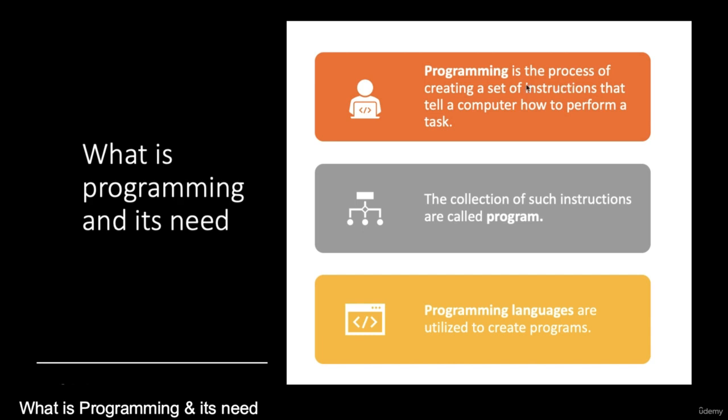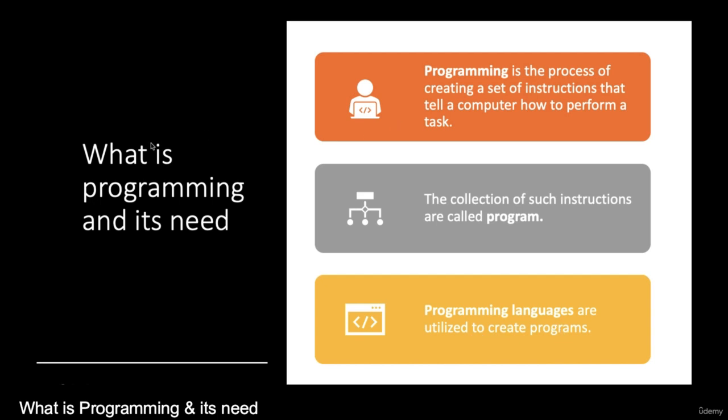Programming is the process of creating a set of instructions that tell a computer how to perform a task. Now, what about program? These terms are very essential while you start the basic understanding of programming. The collection of instructions which we create to make a computer perform a task is called a program. We use several programming languages to create such programs.